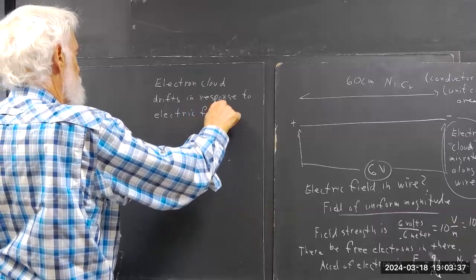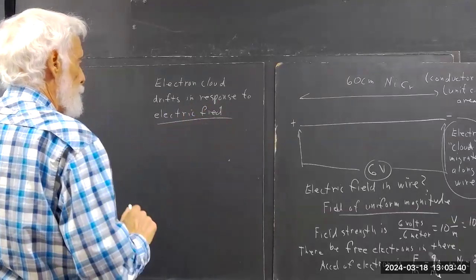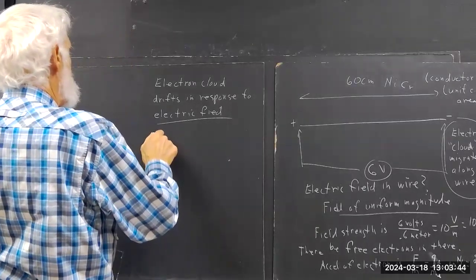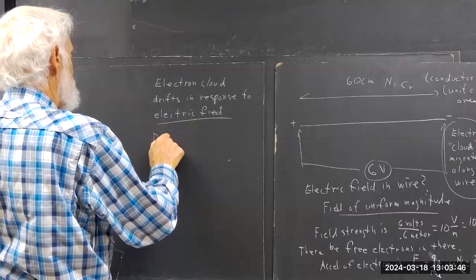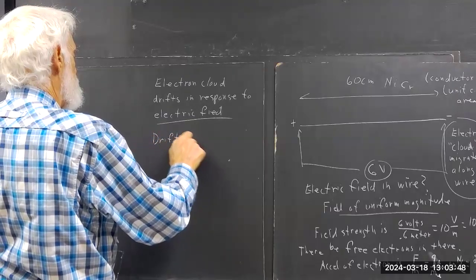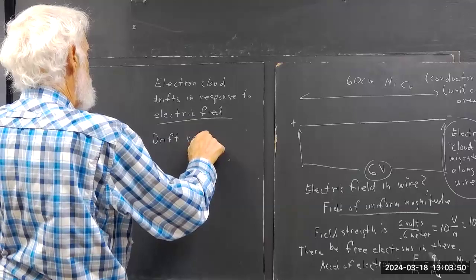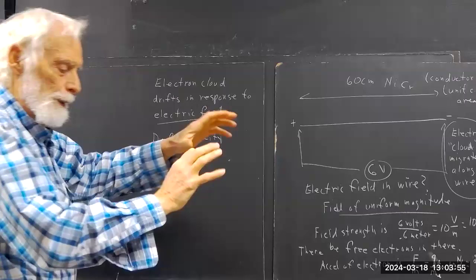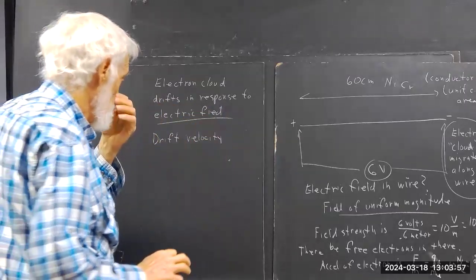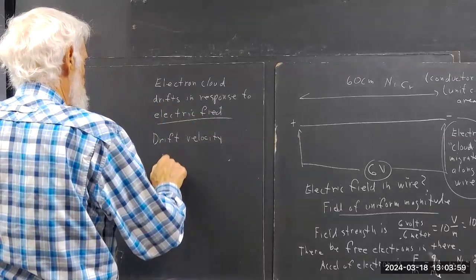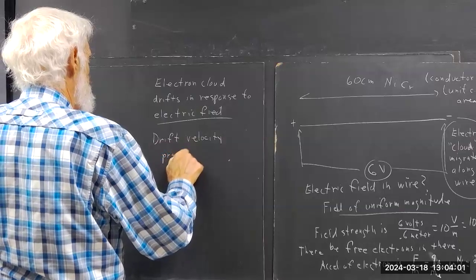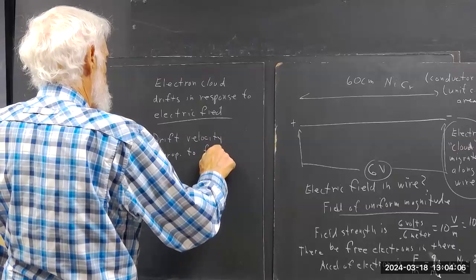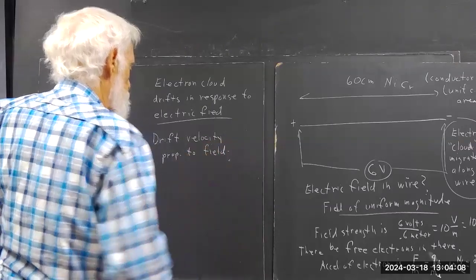I'll just say the electron cloud reacts in response to the electric field. And the drift velocity, the velocity with which this cloud drifts from one end toward the other, is proportional to the field.